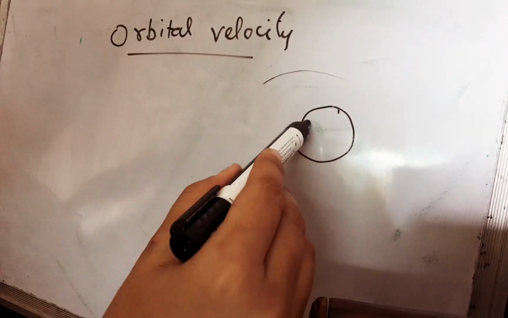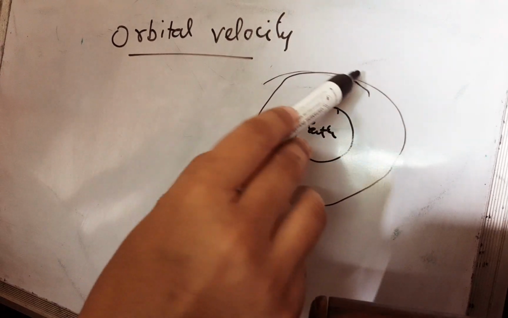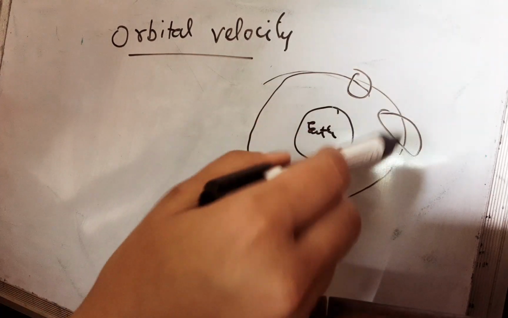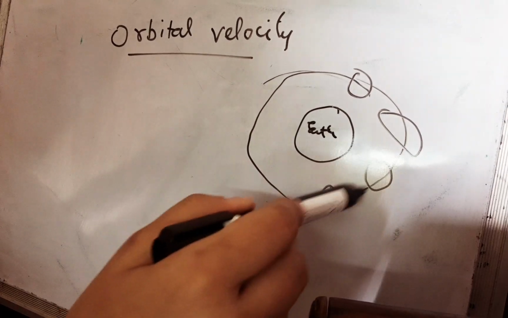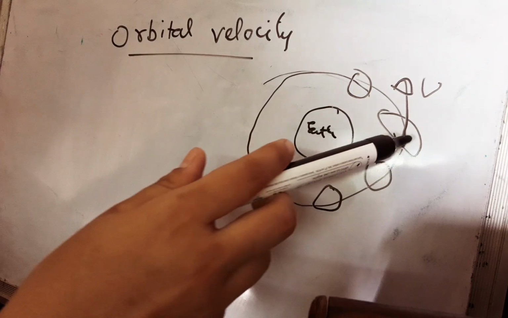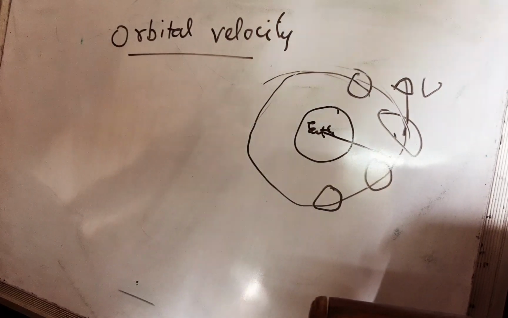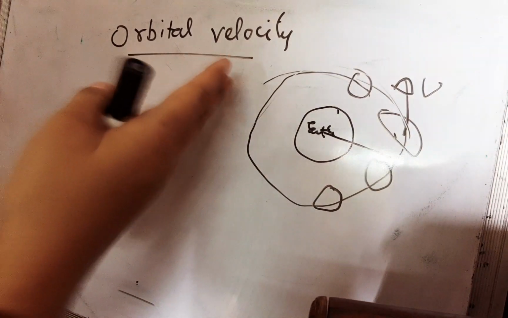Around the earth, how many bodies are revolving? You know, the moon is revolving, many satellites are revolving. So what velocity should these satellites have so that they can revolve in a particular orbit around the earth at a particular distance? That is nothing but your orbital velocity.